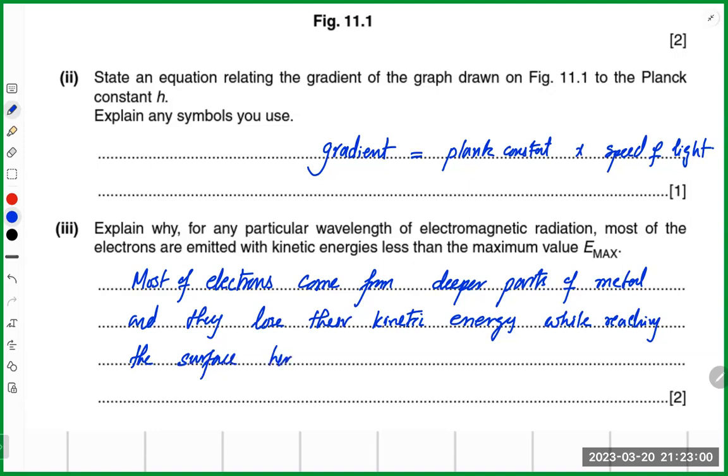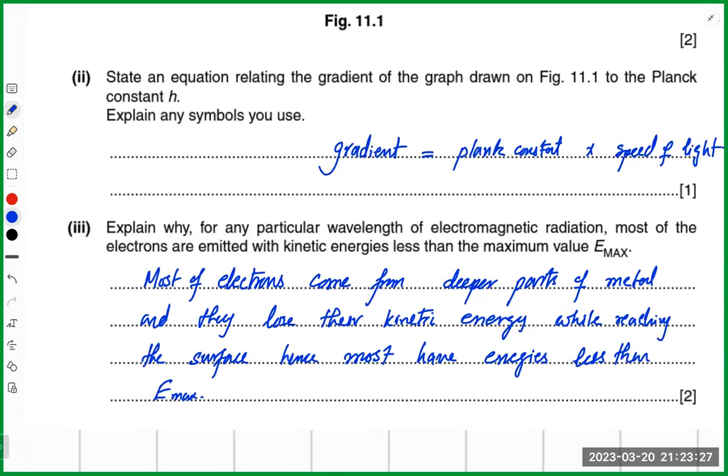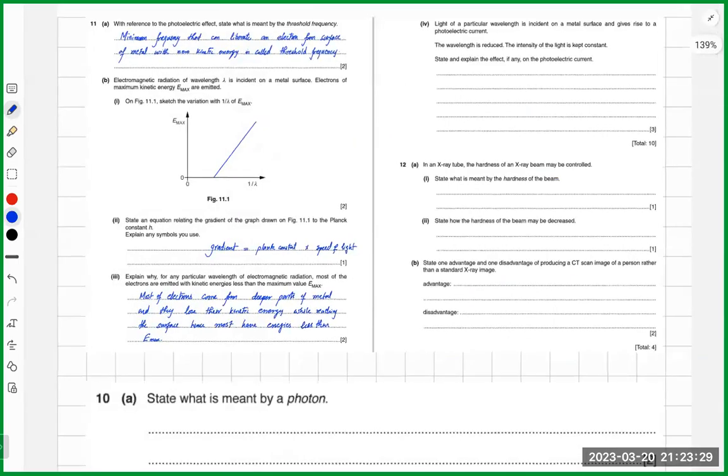Hence, most have energies less than Emax. Okay, fewer electrons come from the surface and more come from the deeper layers. So more have less energy.